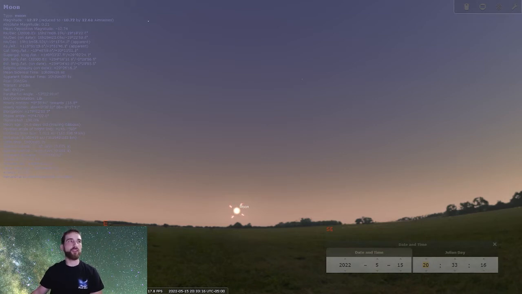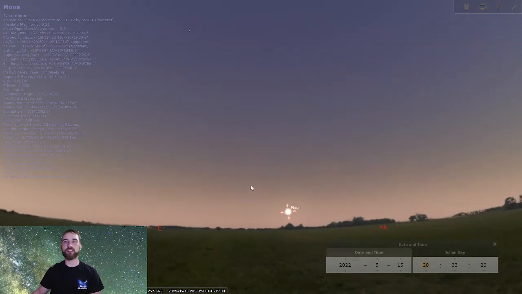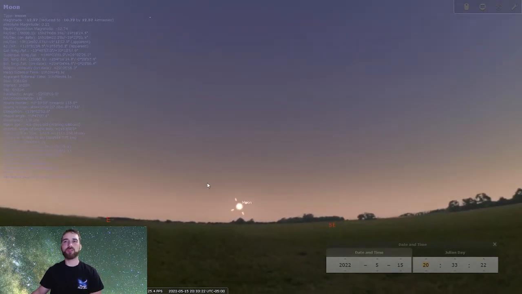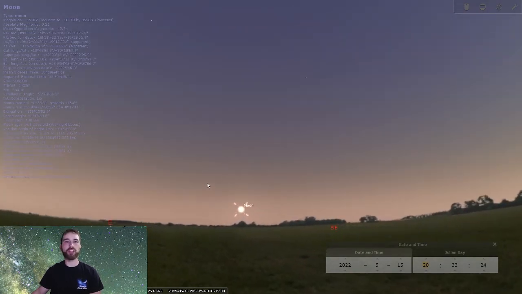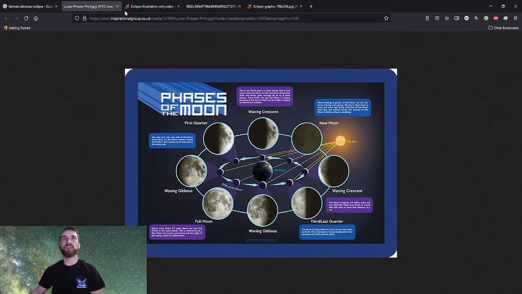So, we see here a virtual reality of our night sky, but I first want to explain what a lunar eclipse is. And to do that, I'd like to go to the internet and show you what an eclipse looks like. So first we have to talk about the phases of the moon.